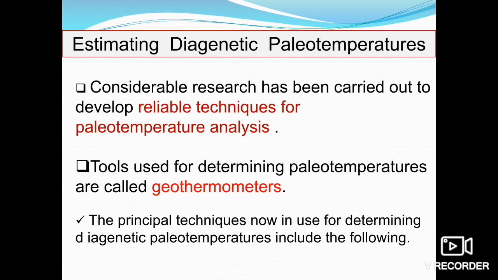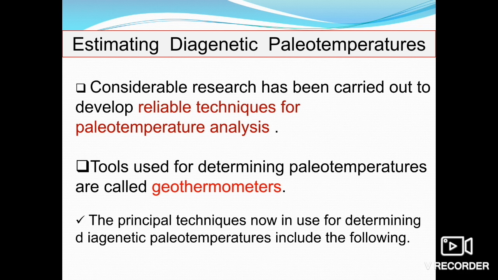The tools used for the determination of paleotemperatures are known as geothermometry. Basically there are two terms, geothermometry and geobarometry. Geothermometry means the temperature, and barometry means the pressure. So today's discussion is based on geothermometry, meaning on the temperature.